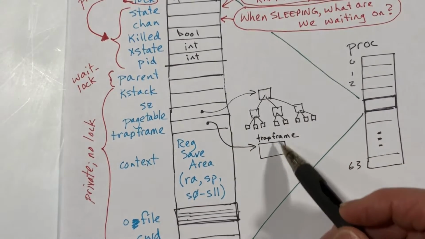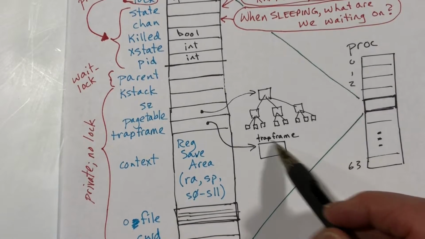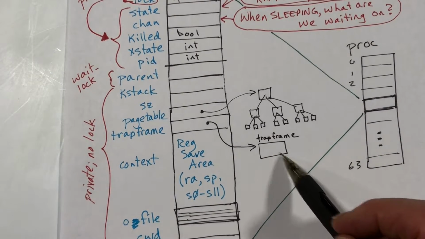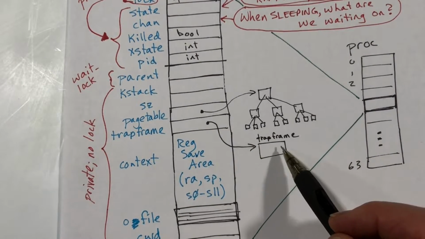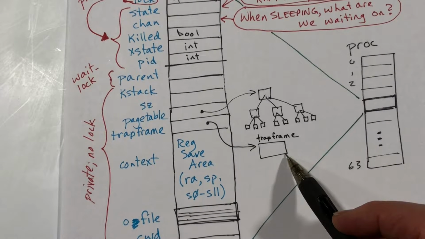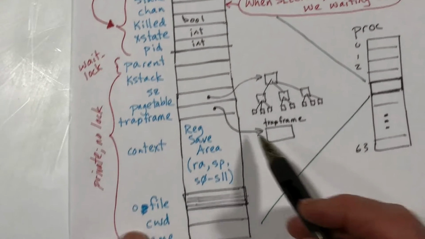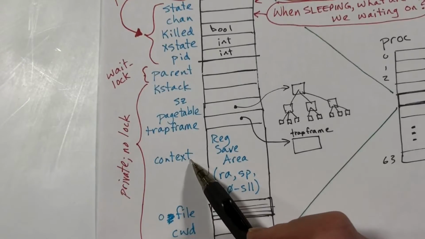And then we have a pointer to our TrapFrame page. Each process has a unique page in physical memory, and so this points to that page. They will all be mapped into the second highest page in the address spaces, but this is a pointer to the physical page. And then we have another one of these context things.